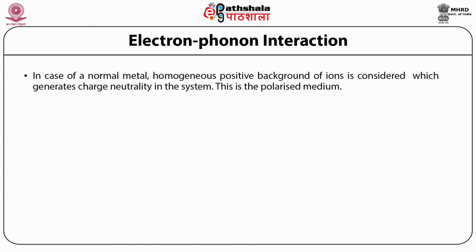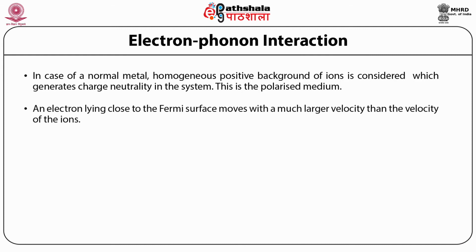In a normal metal, a homogeneous positive background of ions is considered, which generates charge neutrality in the system. This is the polarized medium. An electron lying close to the Fermi surface moves with a much larger velocity than the ions.